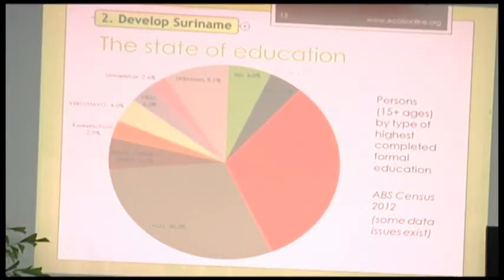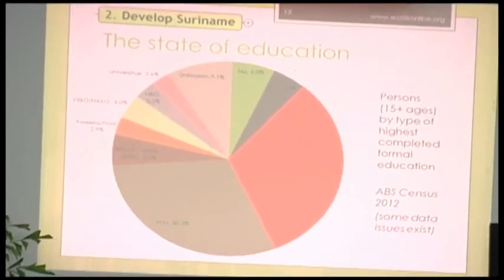It tells us that of all the people of 15 years old and more, about 10% have no education at all, or only the pre-primary school. 32% have only the primary school. 30.2% have the junior secondary school, MULO or LBGO, while everybody knows that LBGO for most of the students has no exit strategy.